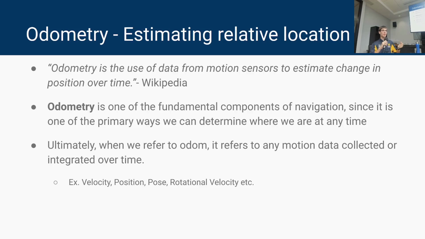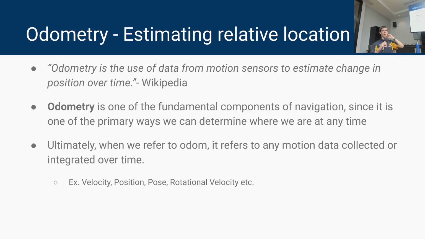But I'd say odometry as a piece of data means a piece of data that tells you about how you moved. For example, at this moment in time, I was going 5 meters per second with an angular velocity of half a radian per second, and we were facing 20 degrees down.